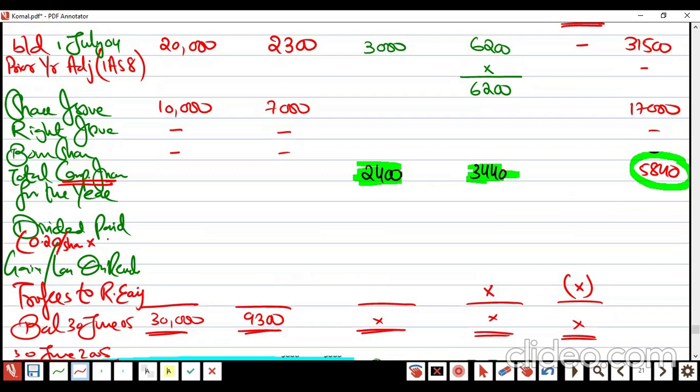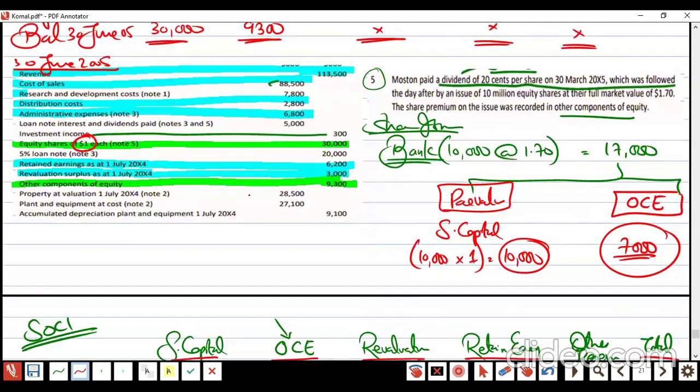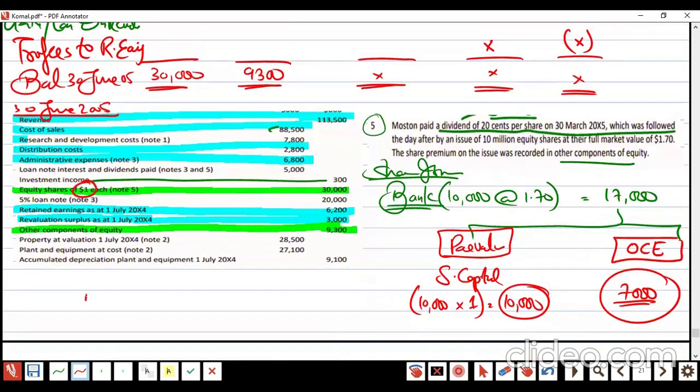How many shares did you have when they issued the dividend? 20 million or 30? So 20 million. How do you know that? Because the dividend is before the share issue.